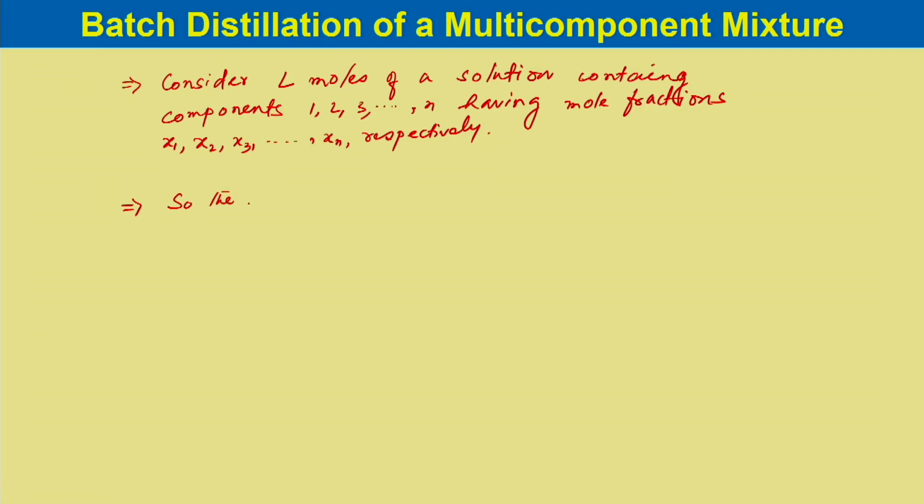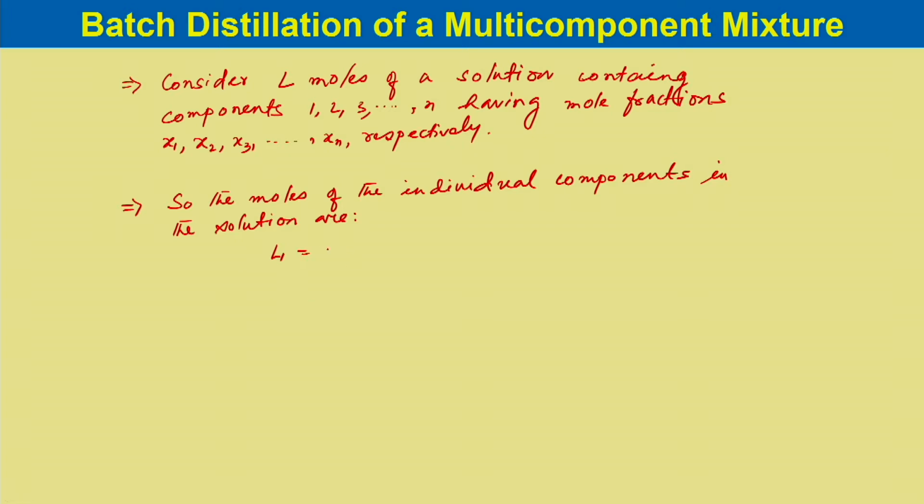So, the moles of the individual components in the solution are L1, which would be L x1, L2 which would be L x2, L3 which would be L x3 and so on up to Ln which would be L xn.